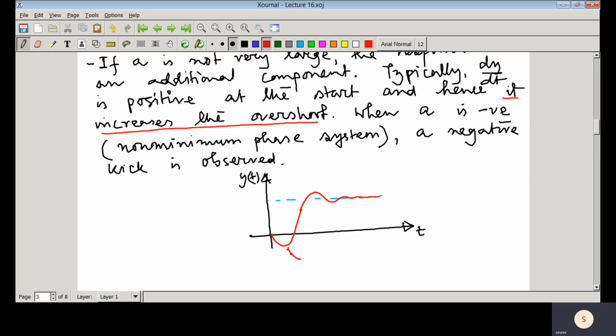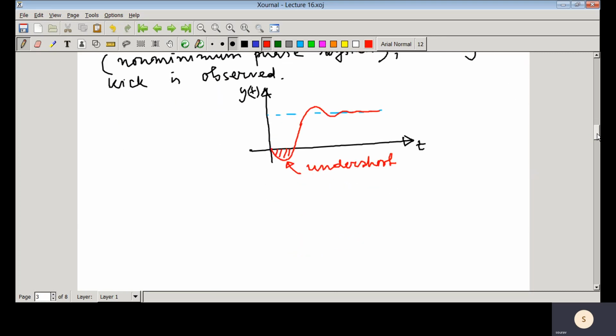Here you can see that this is the undershoot. Whenever you observe this type of response, there is an undershoot, so that system is a non-minimum phase system and it has a 0 on the right half of the S-plane.